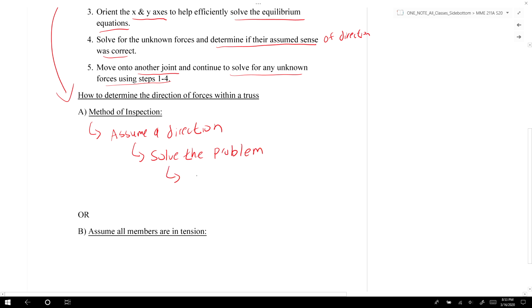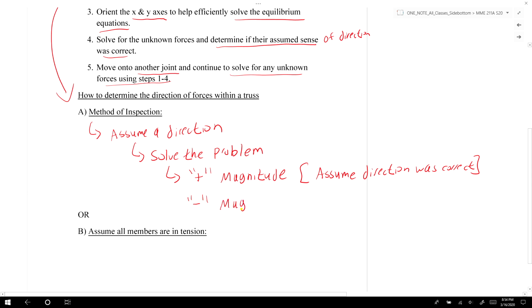You'll either get a positive magnitude for your answer, which means that your assumed direction was correct, or you can get a negative magnitude.